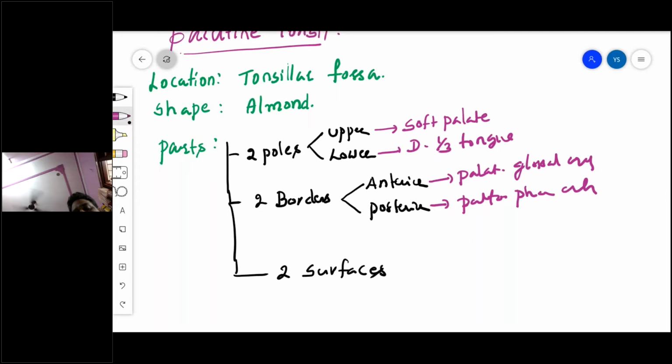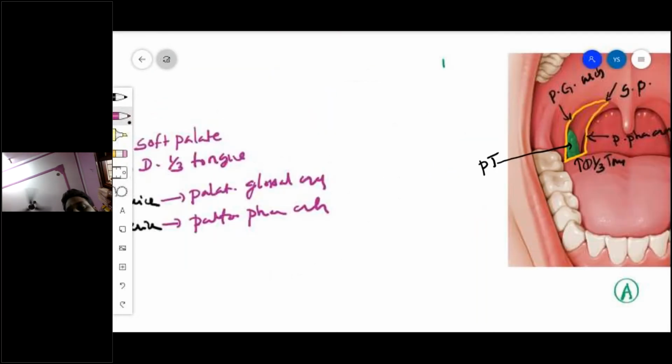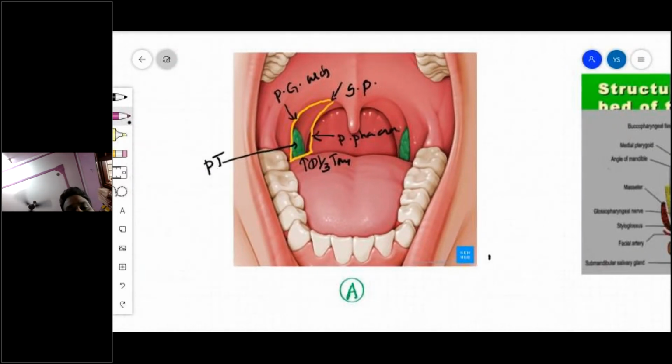So if you see poles and borders that I have shown you in picture A, upper pole is related to soft palate at apex. Lower pole is related to dorsal 1/3 of the tongue at the base. Anterior border is related to palatoglossal arch at the anterior border of the tonsillar fossa.